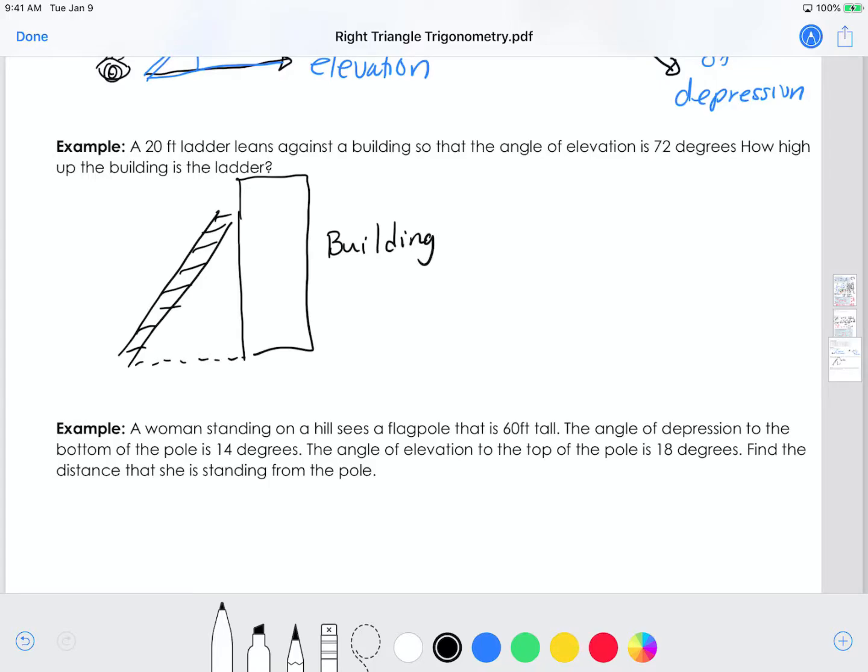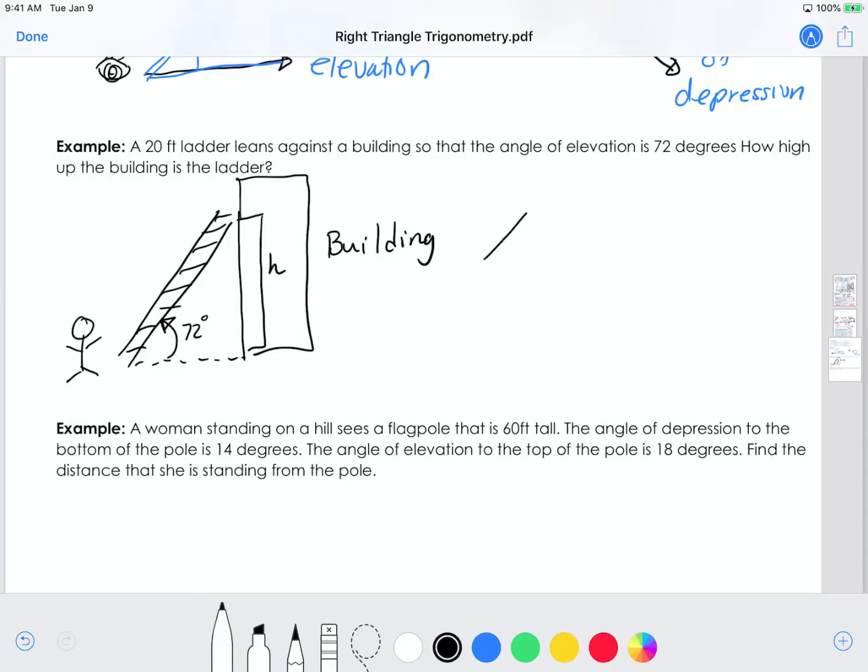There's the ground level. It makes an angle of elevation of 72 degrees. So if I'm standing here and I'm looking straight across and then I look up, that would be my angle of elevation, 72 degrees. And we want to figure out how high up the building that ladder is sitting.